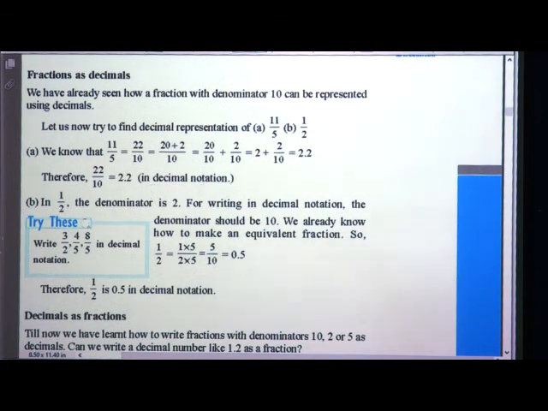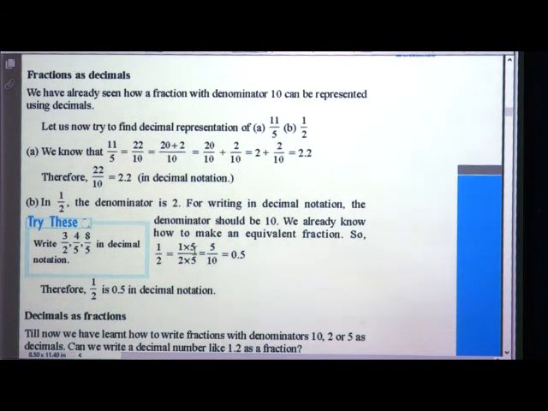Now, 1 by 2 is half, the denominator is 2. For writing it in decimal notation, the denominator should be 10. We already know how to make an equivalent fraction. So, let us multiply the numerator and denominator by the same number. We multiply by 5 to get the denominator 10.